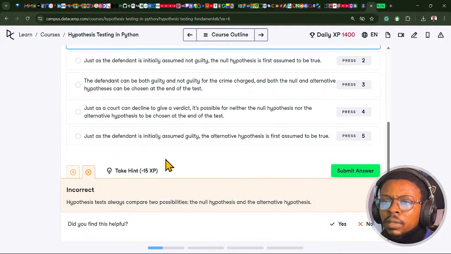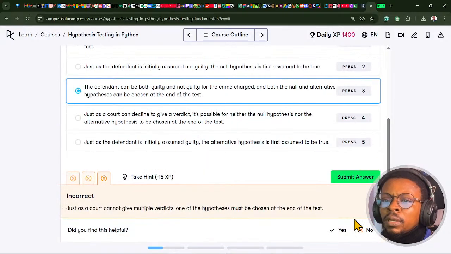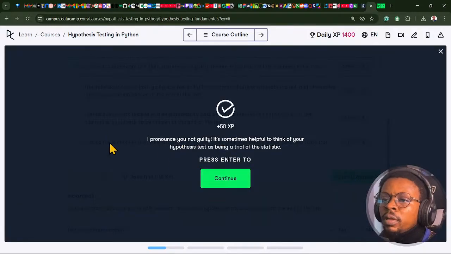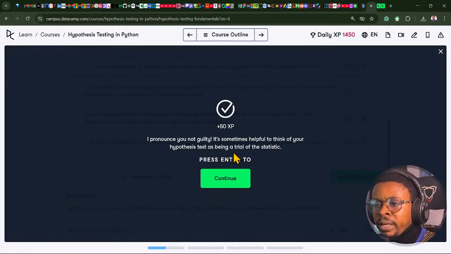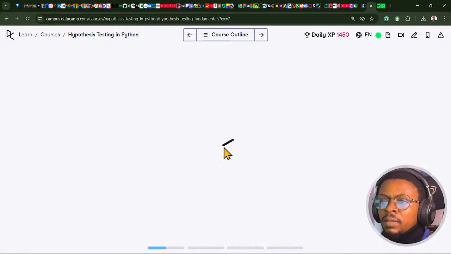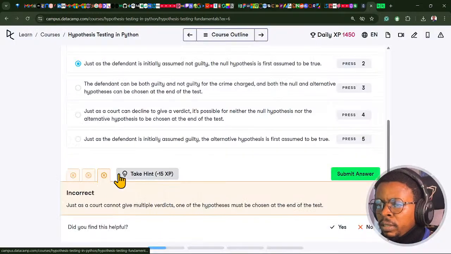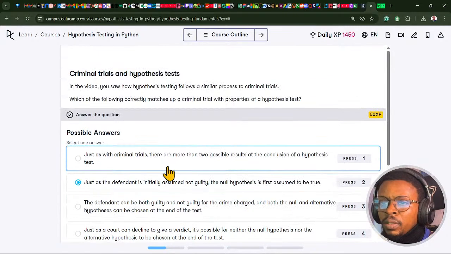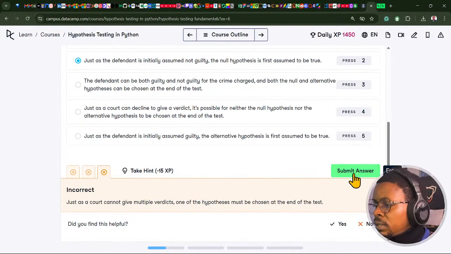A defendant is only assumed guilty, no. It's sometimes helpful to think of the hypothesis test as being a trial of statistics. Okay, I hope you got that. Just as a defendant is initially assumed not guilty, the null hypothesis is first assumed to be true. So that is the option that correctly matches the criminal trial with properties of hypothesis tests.